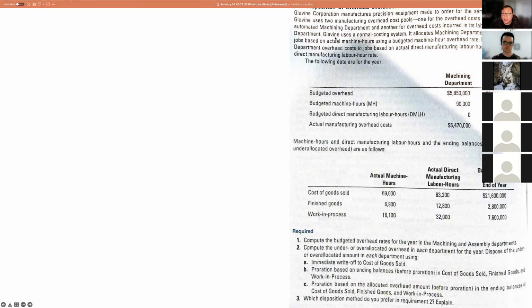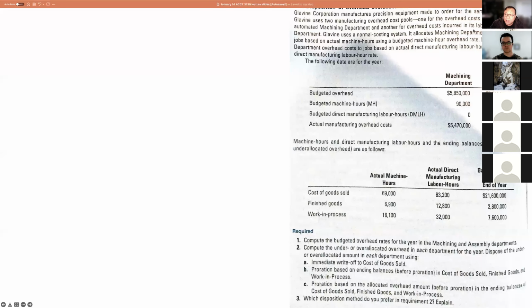Okay, so the company uses a normal costing system. It allocates machining department overhead costs to jobs based on actual machine hours, using a budgeted machine hour overhead rate. It allocates assembly department overhead costs to jobs based on actual direct manufacturing labor hours using a budgeted direct manufacturing labor hour rate.